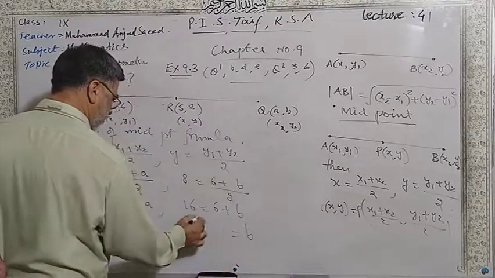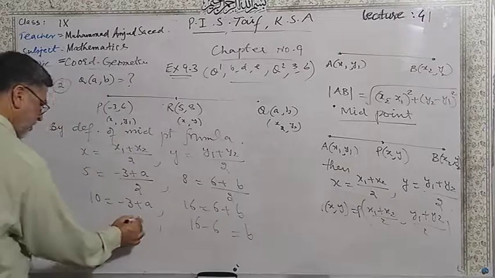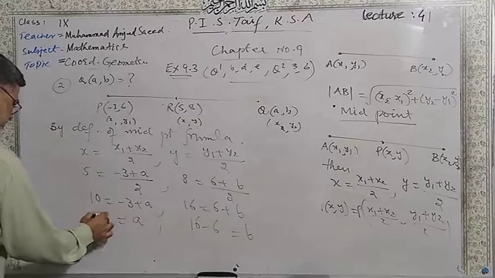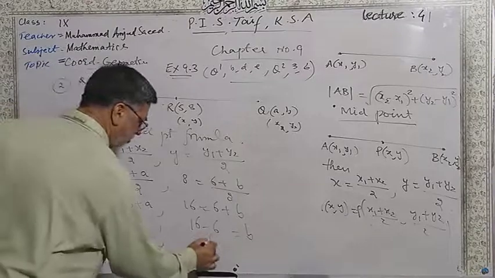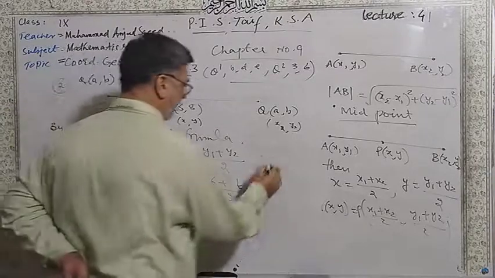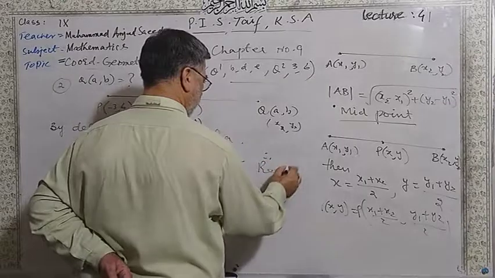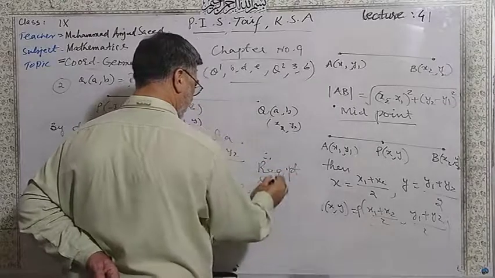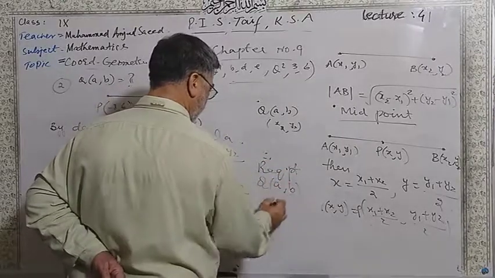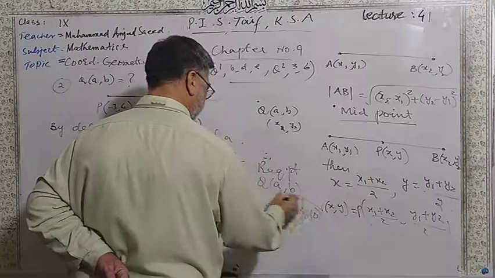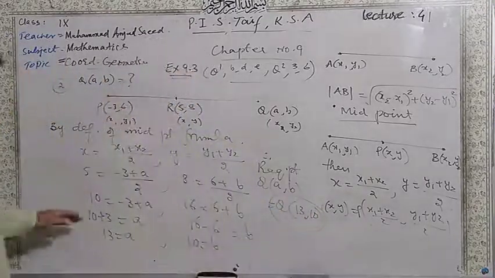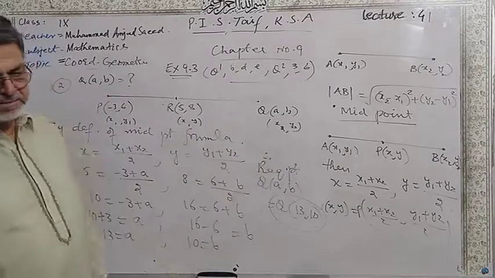So b is equal to 16 minus 6, a is equal to 10 plus 3. So a is equal to 13, b is equal to 10. Therefore, the required point Q of (a, b) is Q of (13, 10). Dear students, that's your answer.